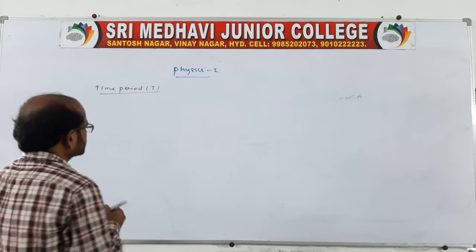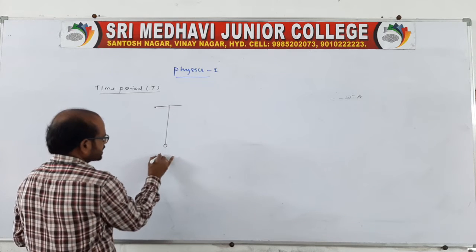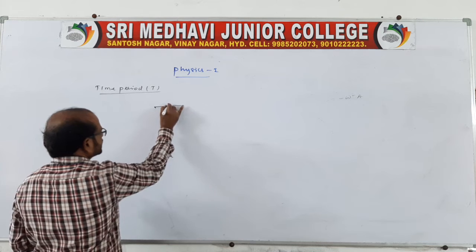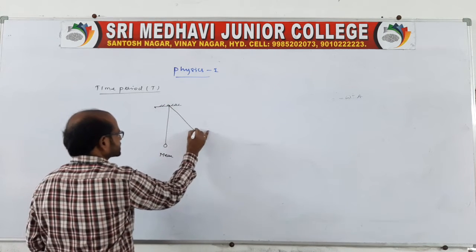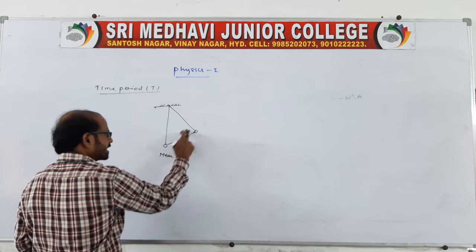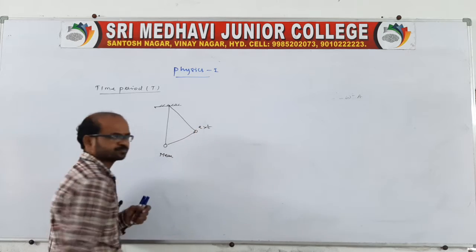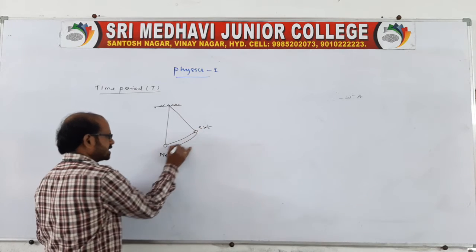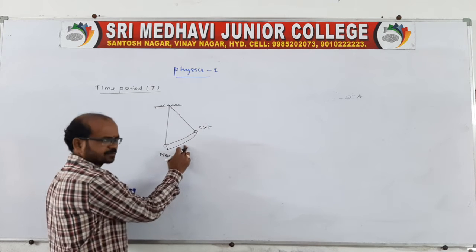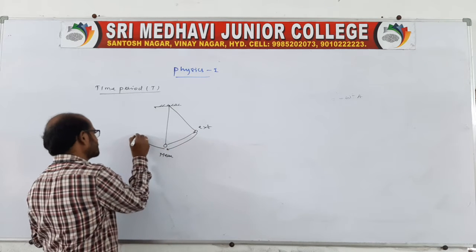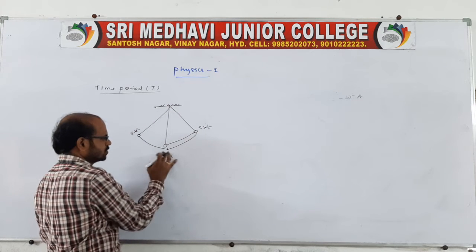Suppose you take a simple pendulum which is suspended like this from the ceiling. It is at the mean position, and it is pulled aside like this. This is the time taken from mean to extreme. After that the bob reaches the mean again. From the mean position the bob reaches the other extreme, because it oscillates to and fro.